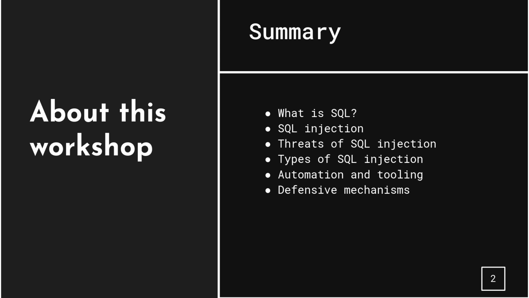Then we'll jump into more practical details about SQL injection by covering its numerous types. Then we'll see how we can automate and work with tools that find SQL injection entry points automatically and at a high rate. And then we'll end this workshop with defensive mechanisms to protect our applications from SQL injection attacks.